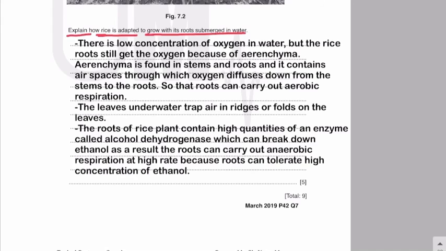Because of this, the roots can tolerate high concentrations of ethanol and carry out anaerobic respiration at high rates, producing a lot of ATP. Right. So guys, these are the adaptations of the rice plants to survive in waterlogged soils, or we can say with their roots submerged in water.